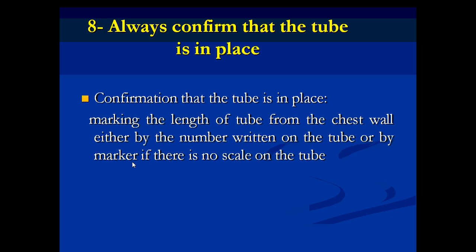So in an obese patient we should have a good distance from the last side hole to outside the patient's chest wall, and we have to follow up this mark every day. For example, if the grade is 25, or 20 or 15 or whatever, every day when we do dressing to the patient at the site of the chest tube, we have to look at that number.